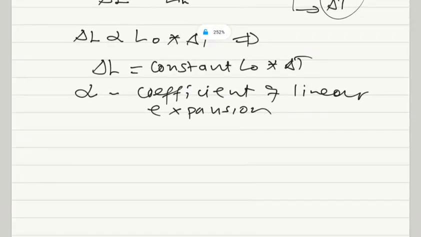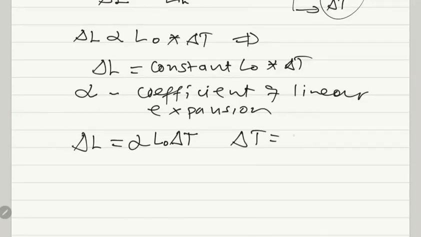So we have the change in length is equal to the coefficient of linear expansion alpha times the length at the colder temperature times the change in temperature. Remember, the change in temperature is the temperature hotter minus the temperature colder.